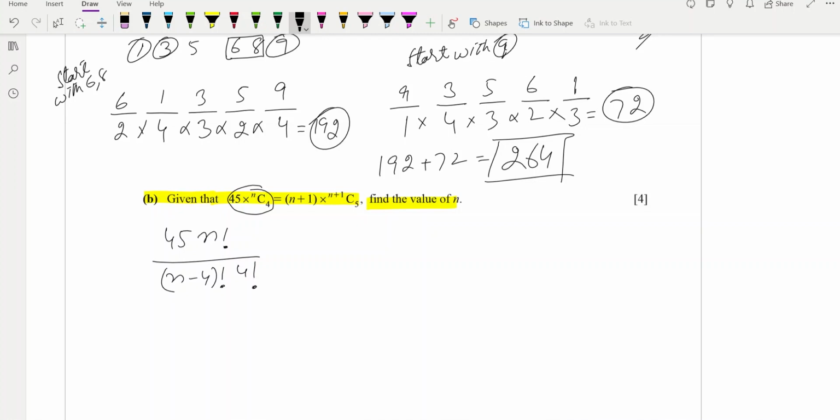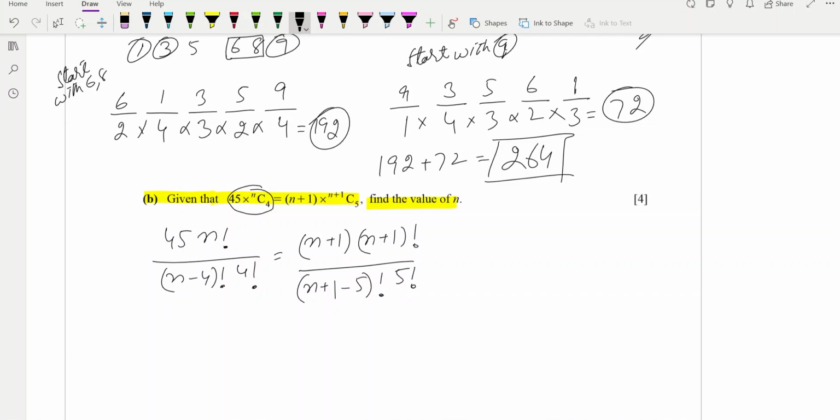This is how we can write 45 into nC4. And similarly n plus 1, we can write n plus 1 into n plus 1 factorial over n plus 1 minus 5 factorial into 5 factorial.